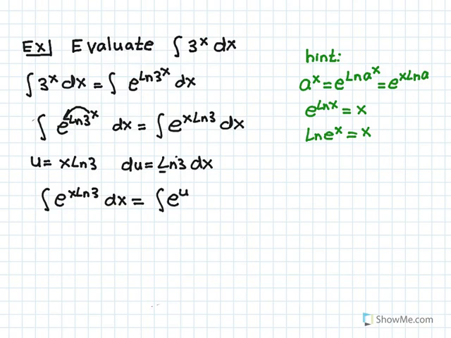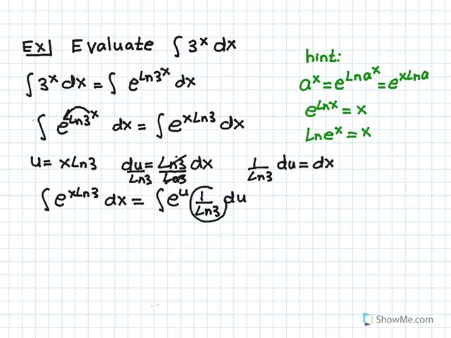Dividing both sides by log 3, the log 3 cancels out. We get 1 over log 3 du is equal to dx. All right, so dx is going to be 1 over log 3 times du.